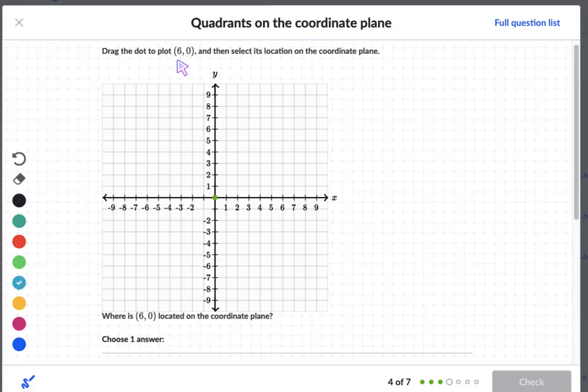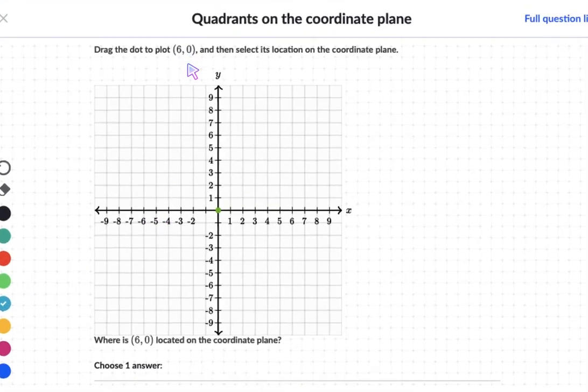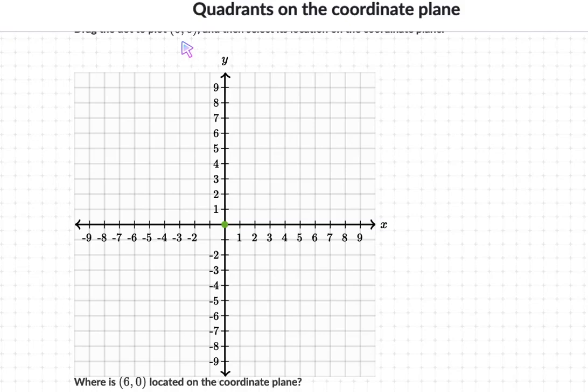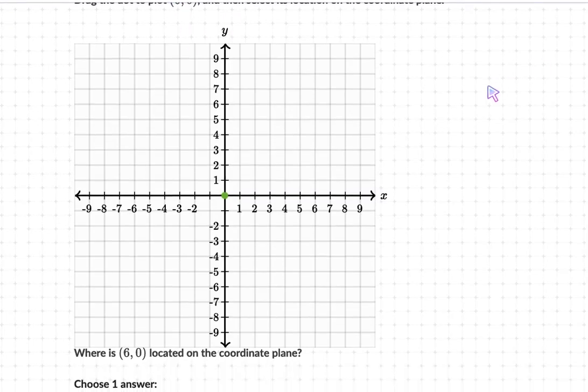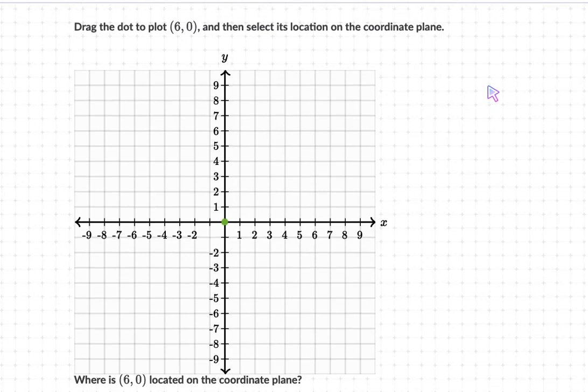All right, so the first thing I got to do is plot 6, 0. So that means I have to get my order correct because this is an ordered pair. The order matters. It's an alphabetical order. X goes first and then Y. And remember, we're going to walk and then fly.